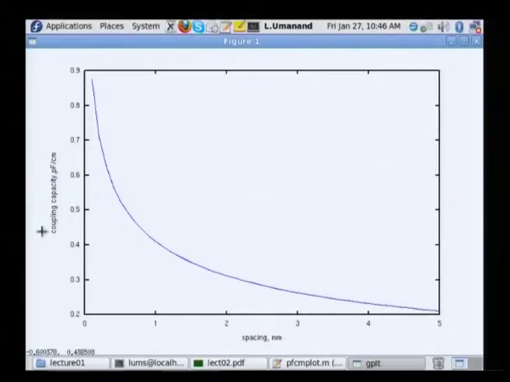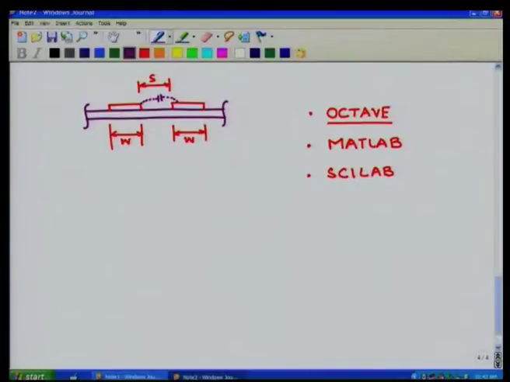Now, this y axis gives coupling capacity in pF per centimeter. The x axis gives you the spacing S. Remember, come back to the figure here: S is the spacing between the tracks, W is the width, and we are interested in finding the capacitance between these two tracks.